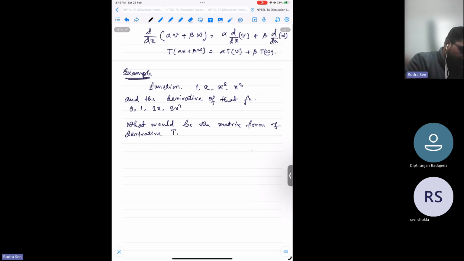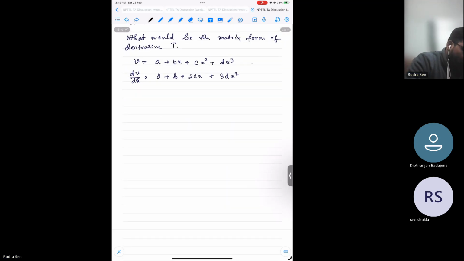So let's say if v is equal to a plus bx plus cx square plus dx cube, then the derivative dv/dx is something like 0 plus b plus 2cx plus 3dx square. So what would be the matrix of this derivative?